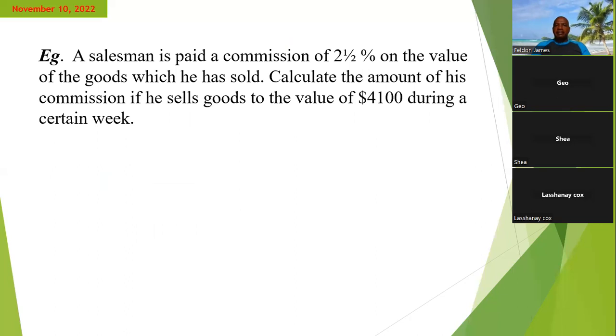Here, a salesman is paid a commission of 2.5% on the value of the goods which he has sold. Calculate the amount of his commission if he sells goods to the value of $4,100 during a certain week.